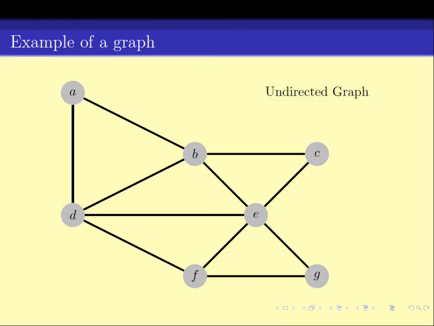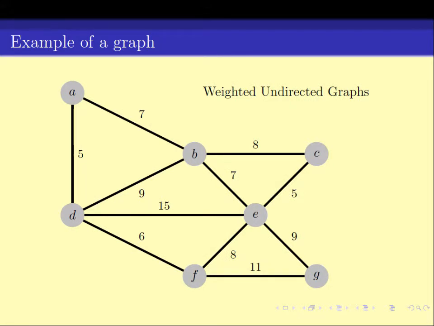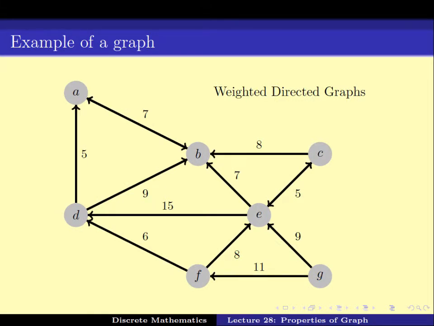We can have weights on the edges to have a weighted undirected graph, and we can have directions on these edges to get a weighted directed graph.